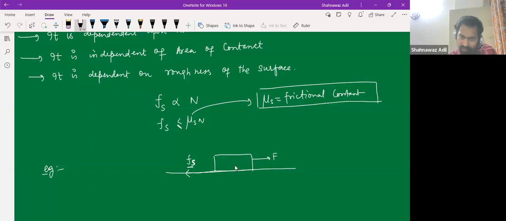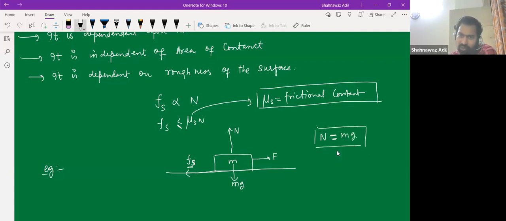So this is static friction, and let's say the mass is m, and this is mg. Normal reaction is N. So this is at equilibrium. So what would be N? This is not moving. Mg. Right. So N is mg.